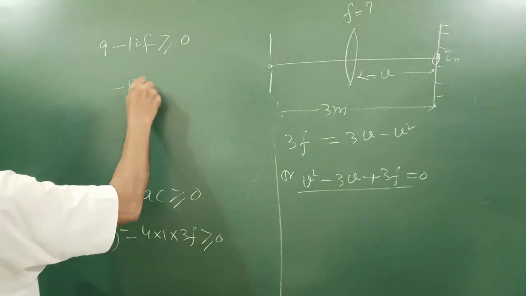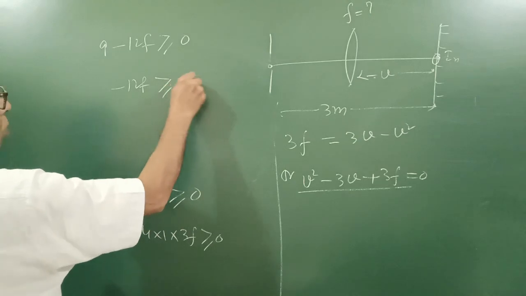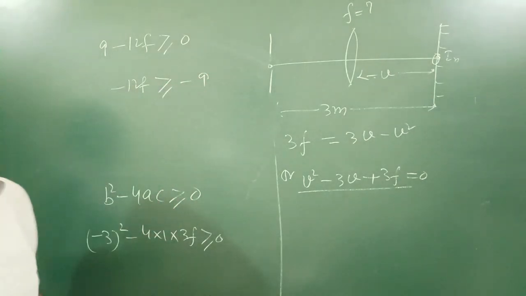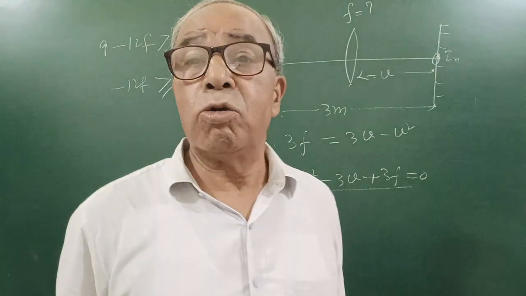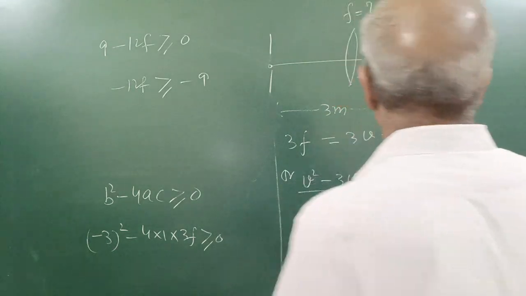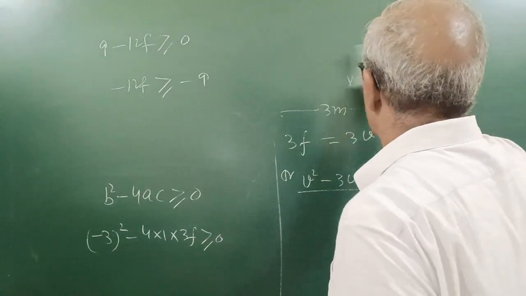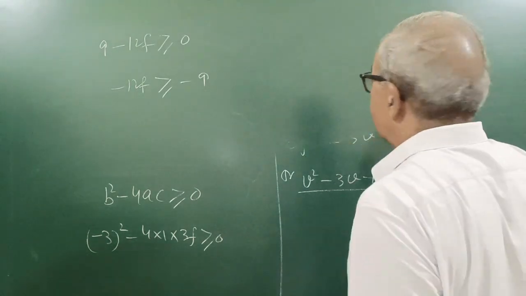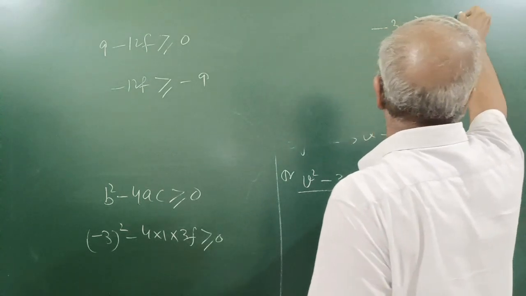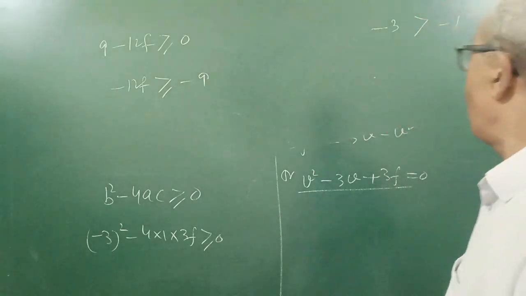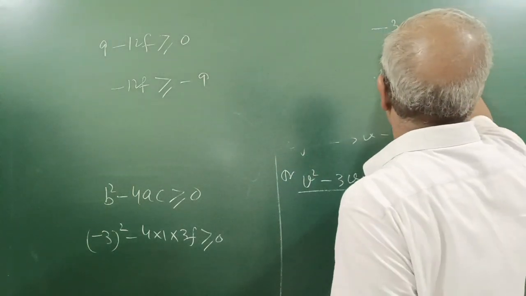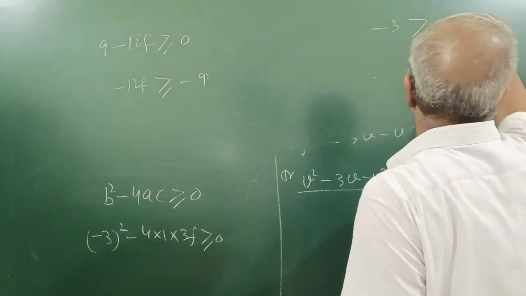Minus 12F greater than or equal to minus 9. Both sides have a minus sign. If you want to remove this minus sign, what will happen? Dear friend, please listen to what I say. Minus 3 is greater than minus 6.